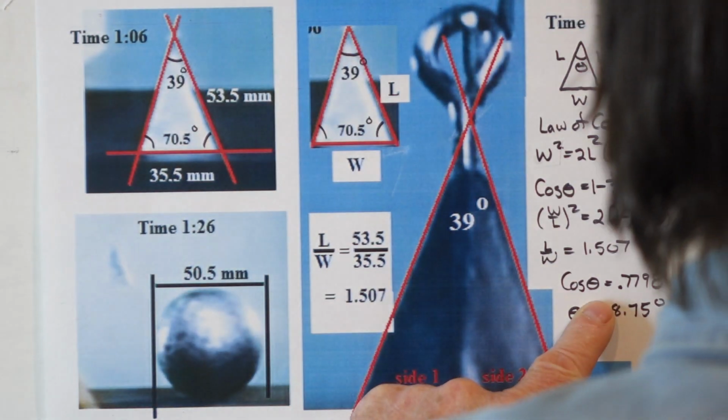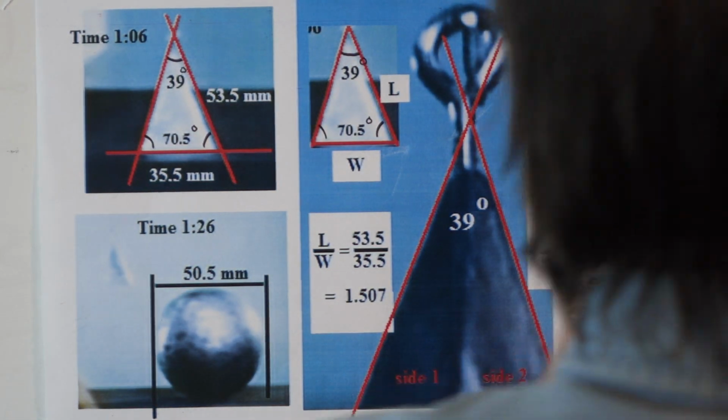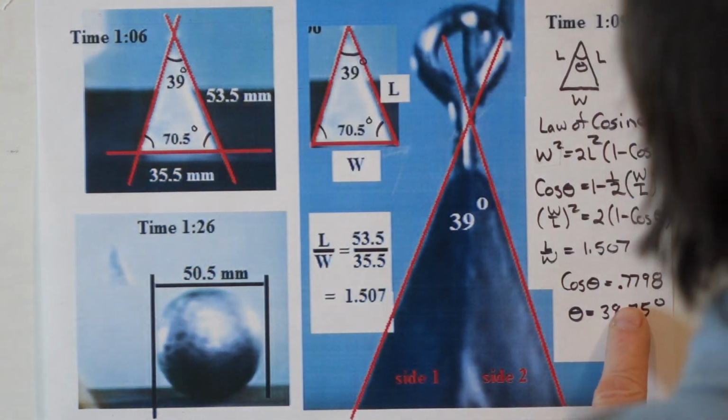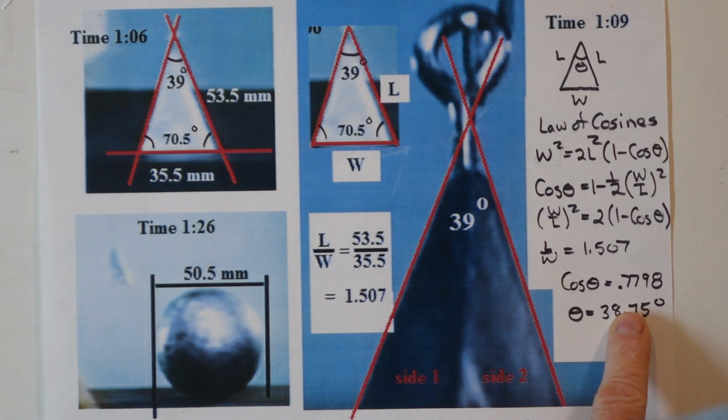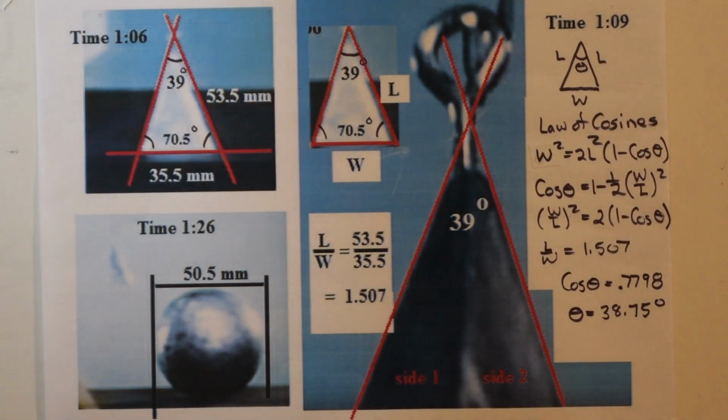If I put in the numbers, the cosine of theta works out to 0.7798, which gives us an angle of 38.75 degrees. So I'm using 39 degrees.